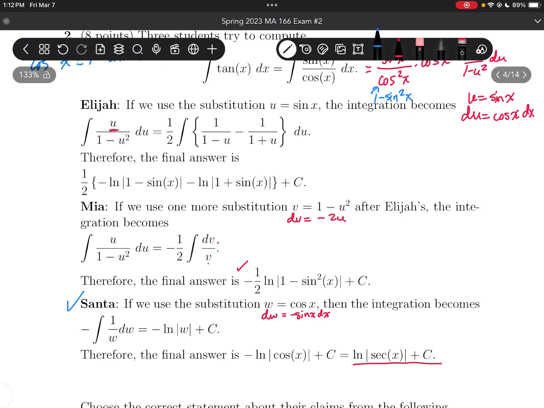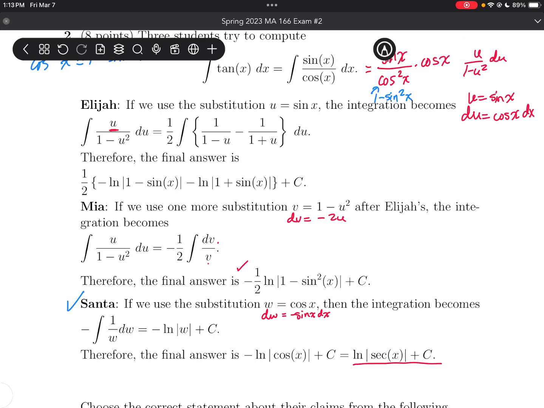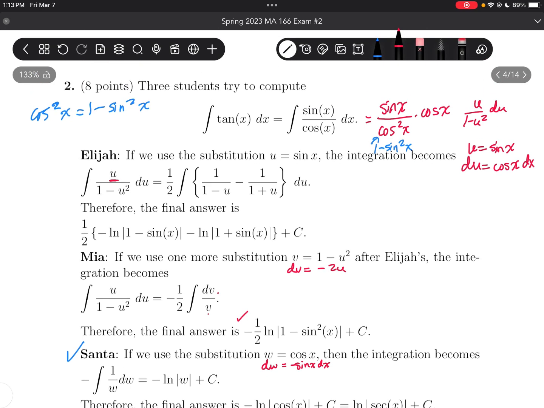Okay, so the trick to this problem is knowing your trigonometric identities. The important one I mentioned above is the Pythagorean identity. Typically we see the Pythagorean identity written as sine squared x plus cosine squared x equals 1. And this is very important. You should definitely have it memorized.